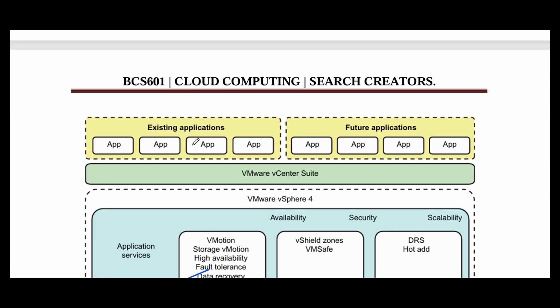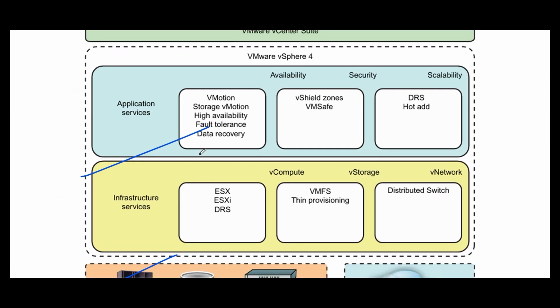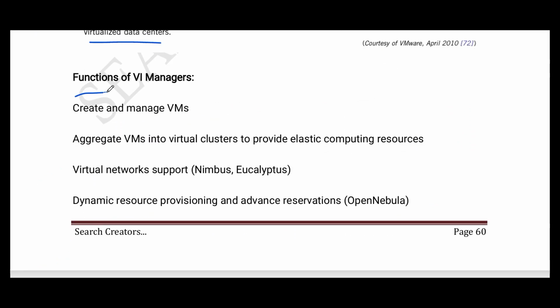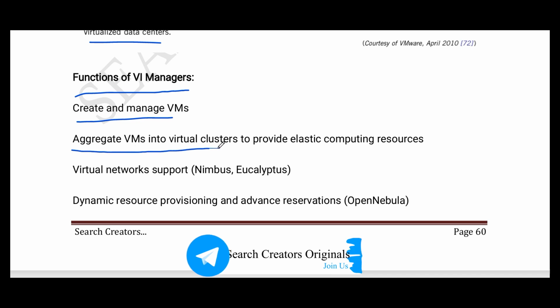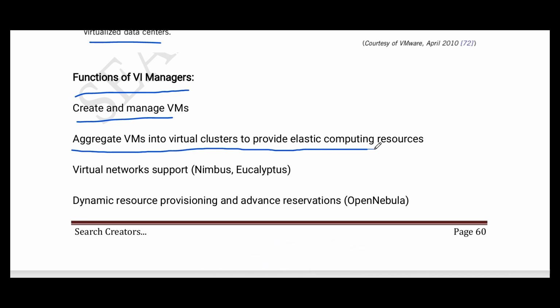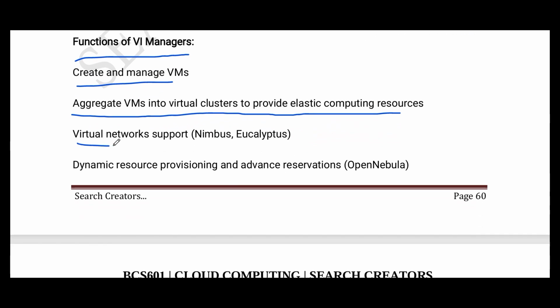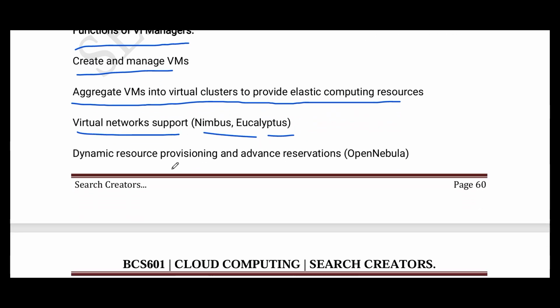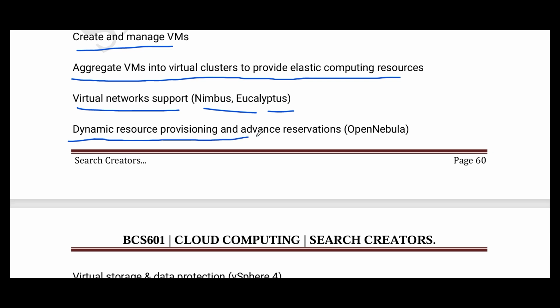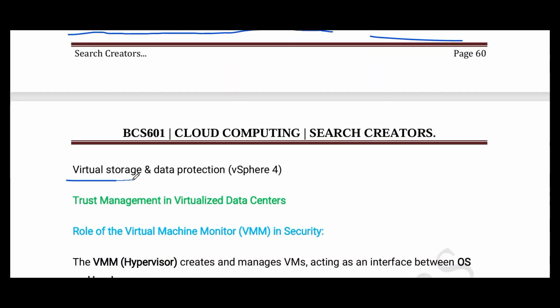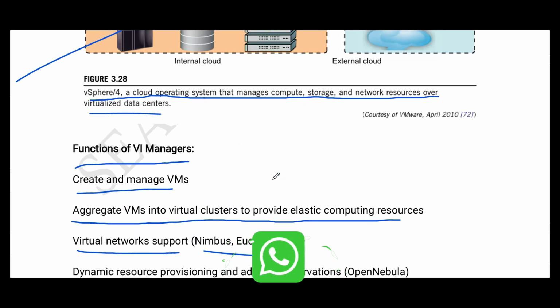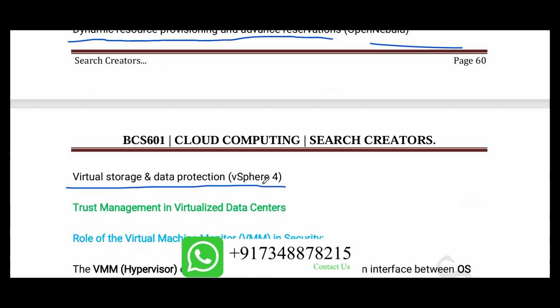The functions of VI managers are to create and manage virtual machines, aggregate virtual machines into virtual clusters to provide elastic computing resources, support virtual networks such as Nimbus and Eucalyptus, dynamic resource provisioning and advanced reservations like in OpenNebula, and virtual storage and data protection like vSphere 4. These are all the functions of VI managers.